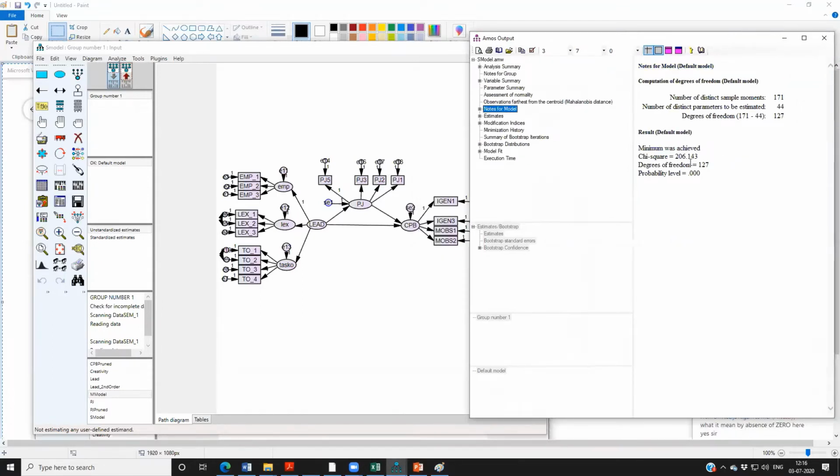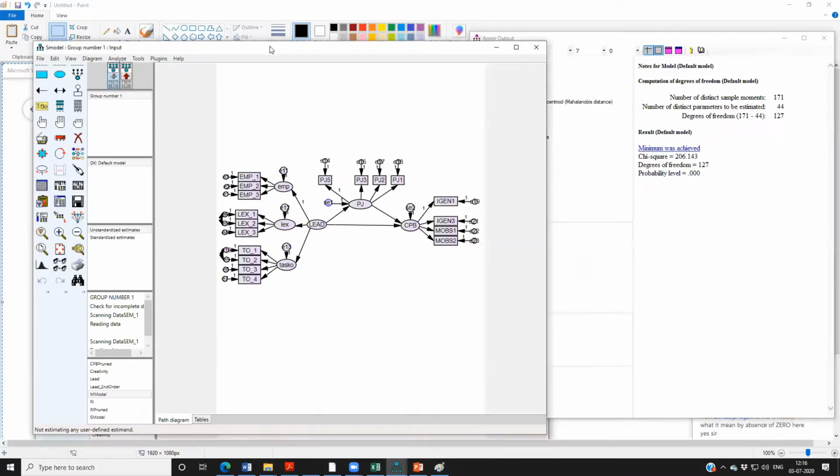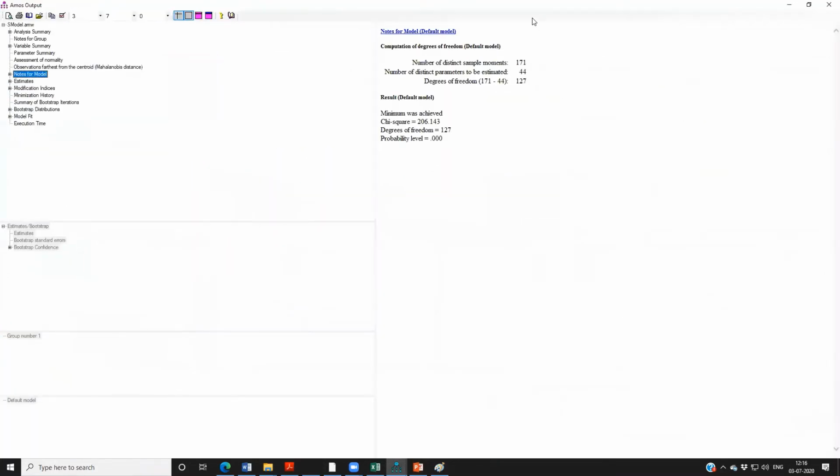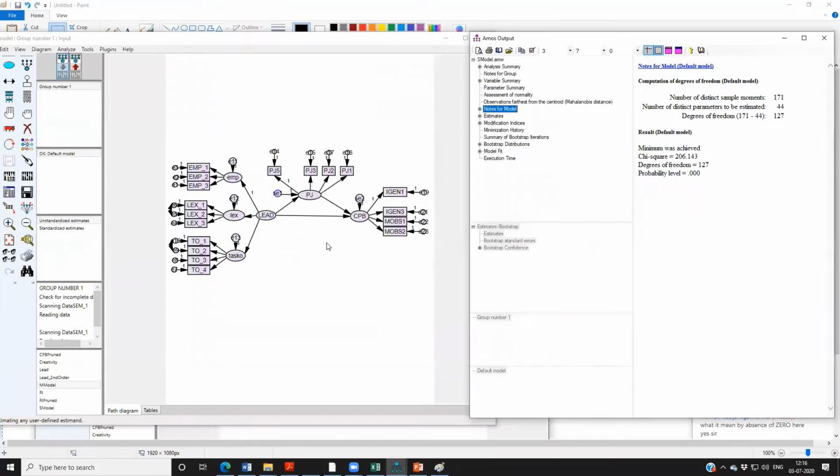Now you see, first of all, the fit of the structural model is going to be exactly the same as the fit of your measurement model. So if your measurement model is good, your structural model will also be good.